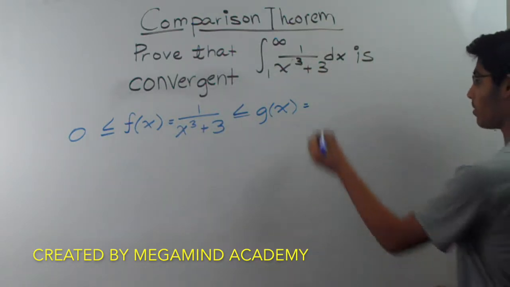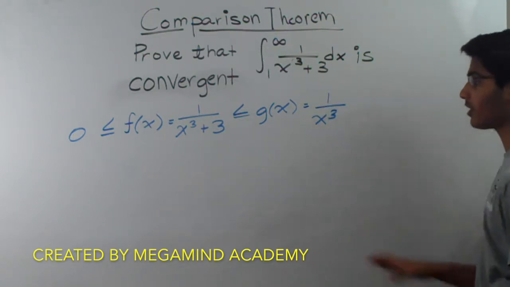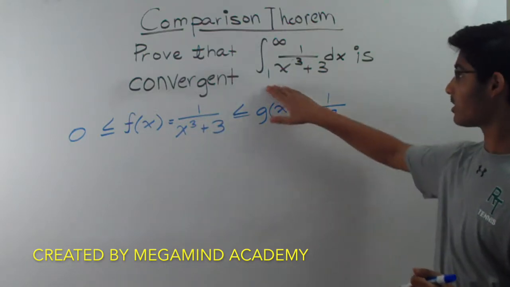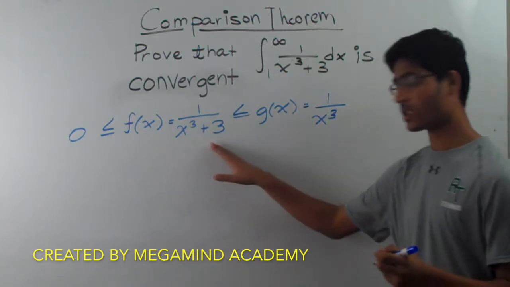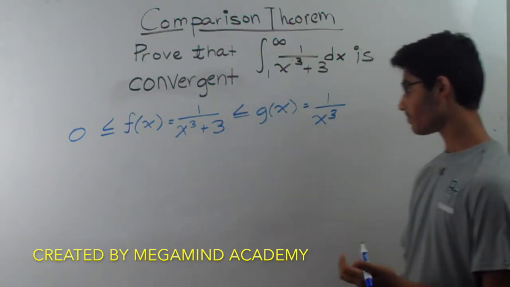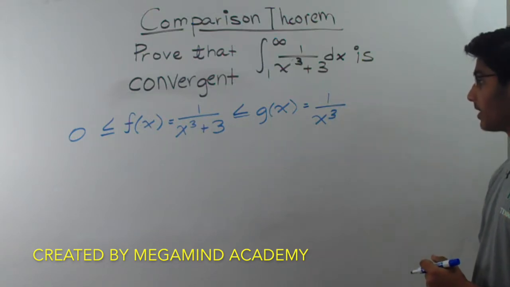A simple one would be 1 over x cubed. We know that this is greater than 1 over x cubed plus 3 on this domain, because the numerator is the same, but the denominator is smaller. So we have g of x is equal to 1 over x cubed.